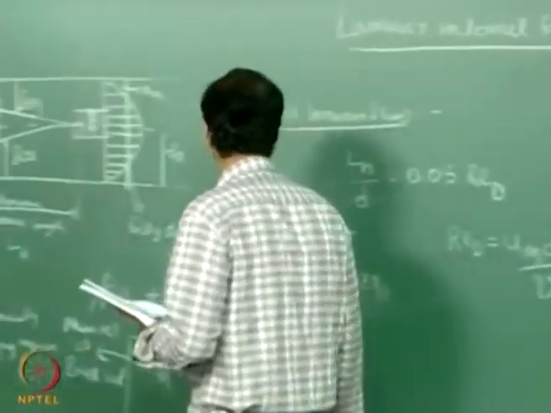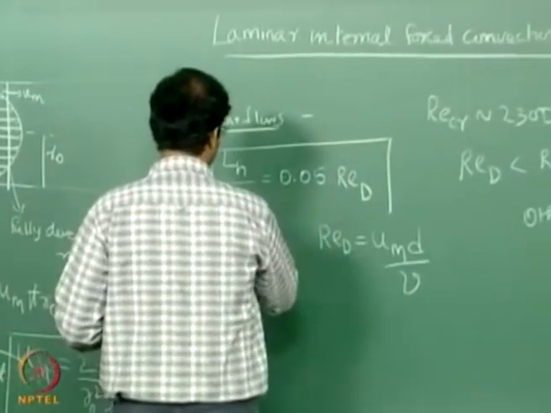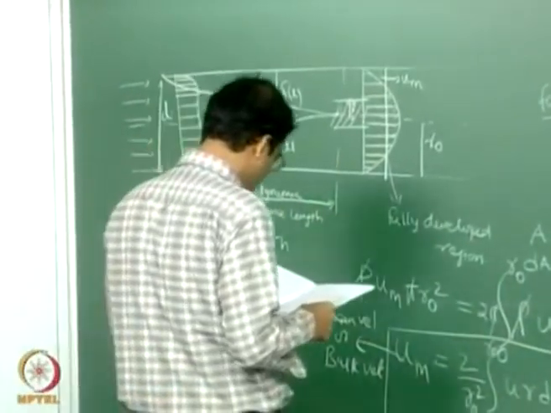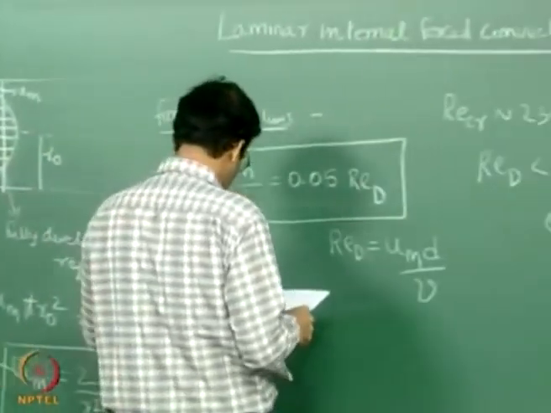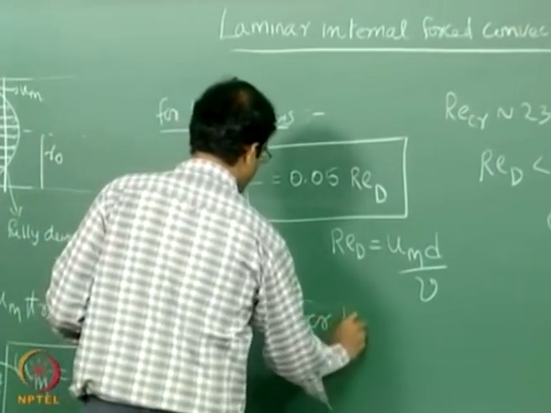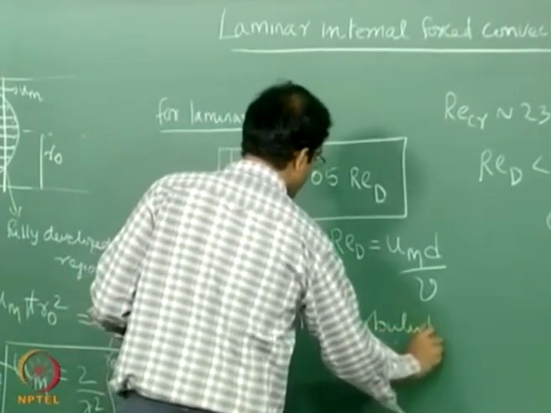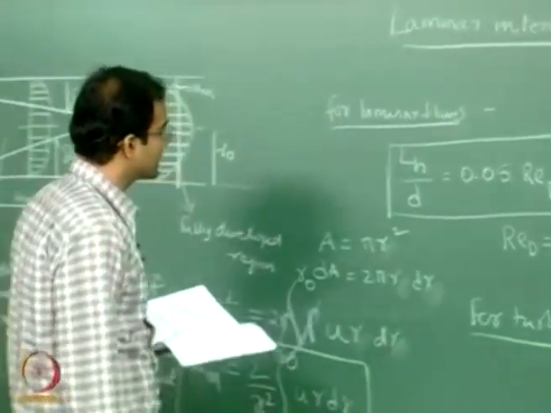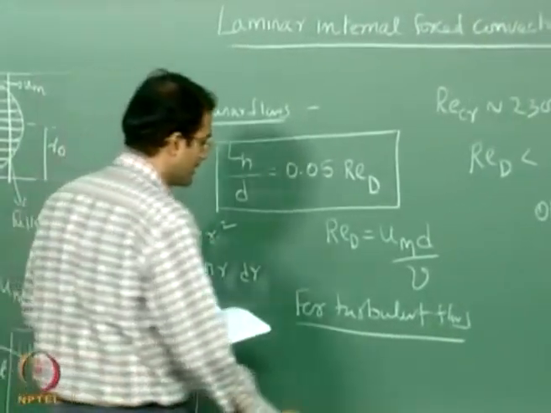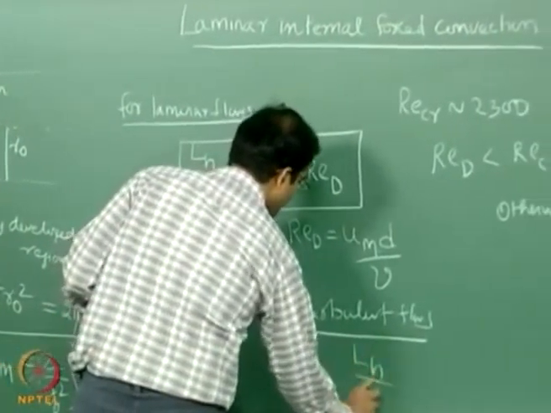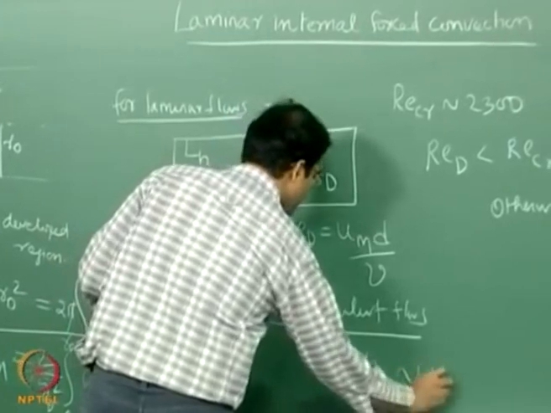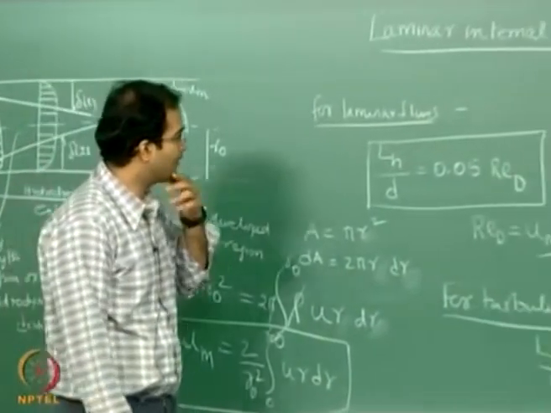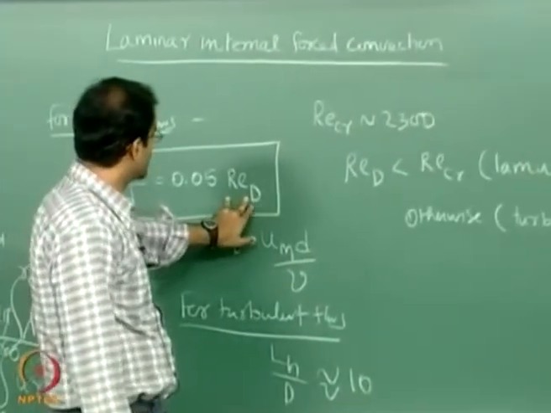As far as laminar flows are concerned, this is the thumb rule for calculating the entry length. And for turbulent flows, interestingly, the entry length ceases to be a function of Reynolds number. The non-dimensionalized entry length comes out to be approximately 10. Imagine you have a Reynolds number of say 3000.